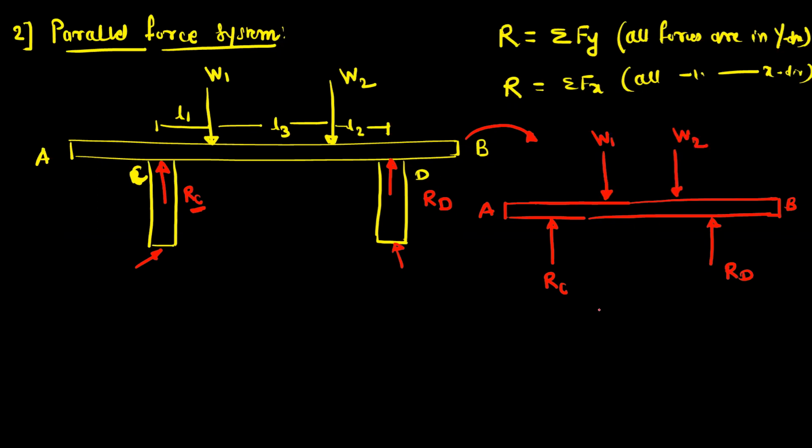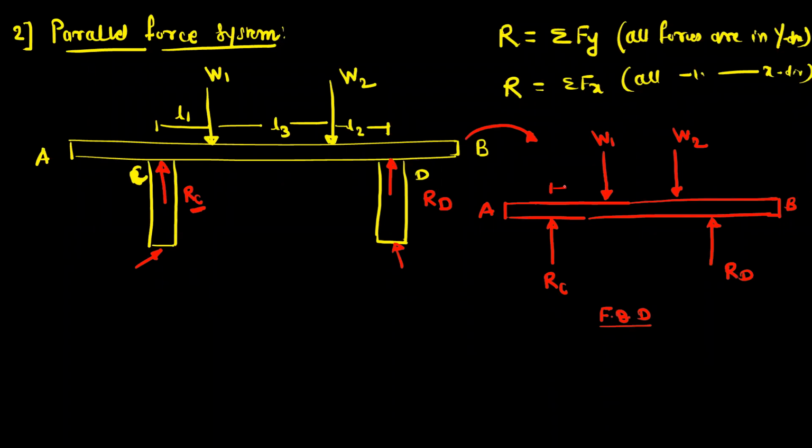This is called a free body diagram. That means we have isolated the rod AB, and then we show all the forces and the reactions on this rod AB. This free body diagram is useful for the calculation of reactions.